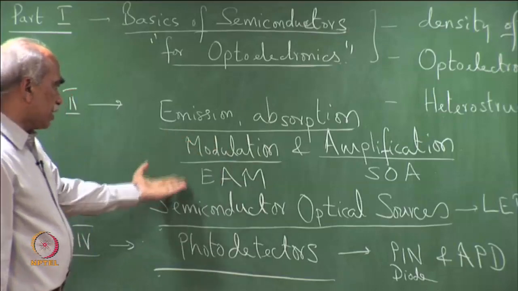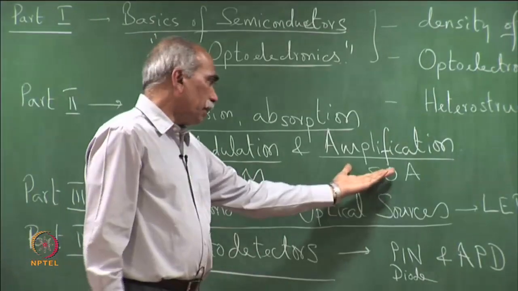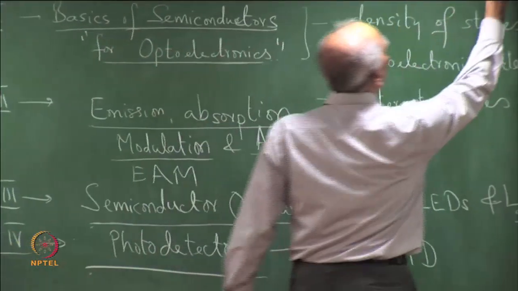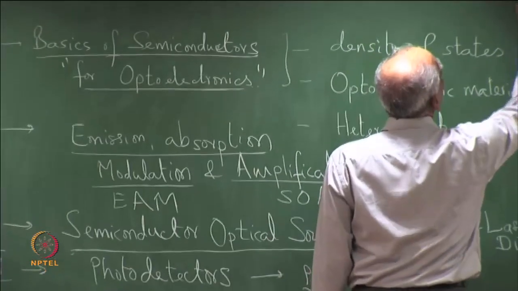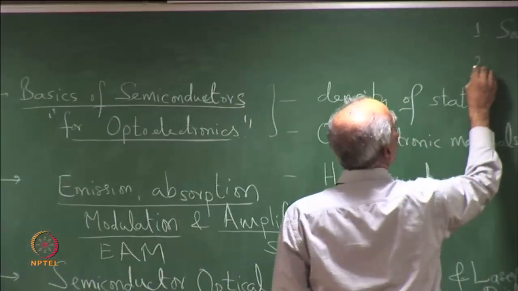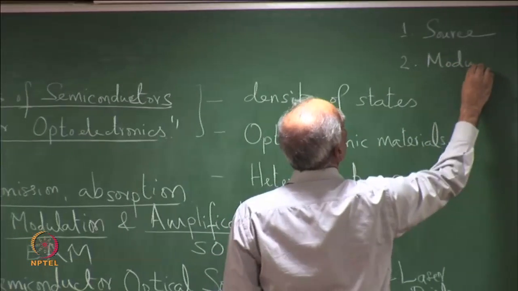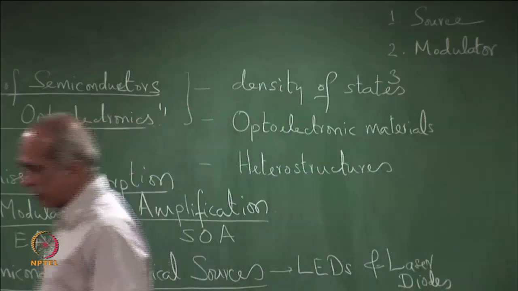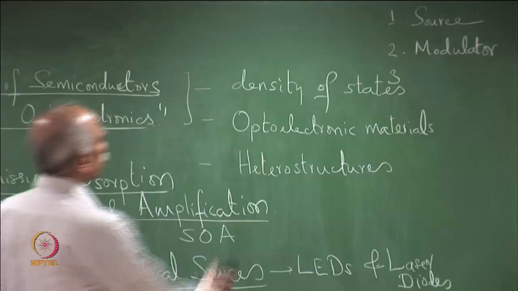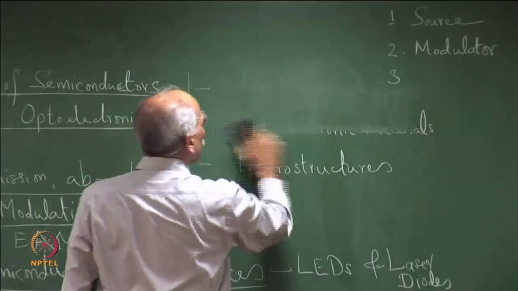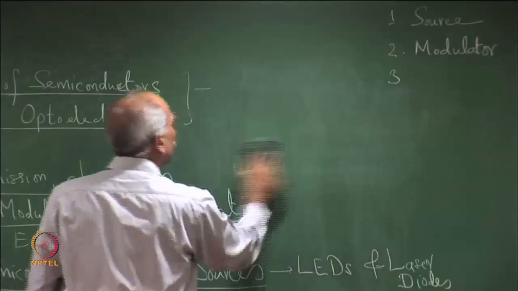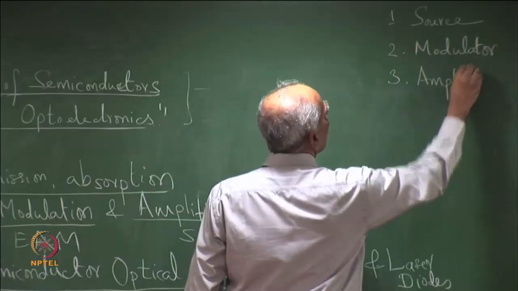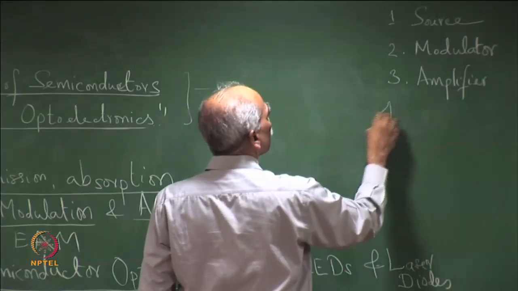So, if I may list them: the source, the modulator, the amplifier, and of course, the photodetector.